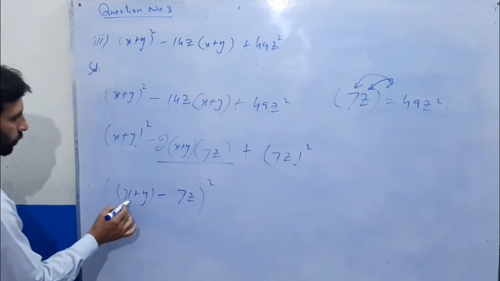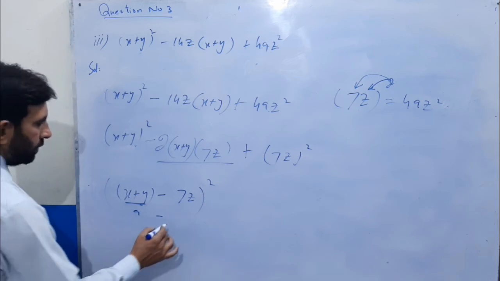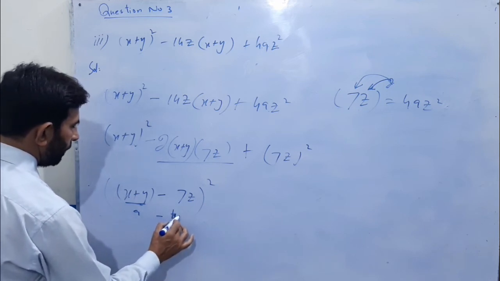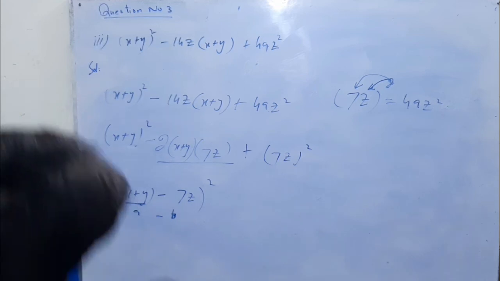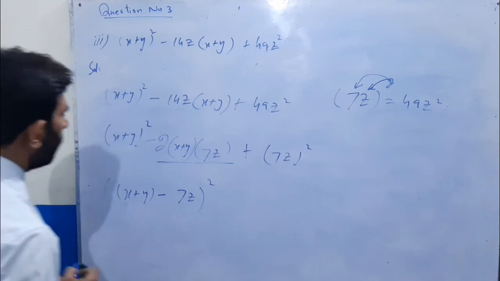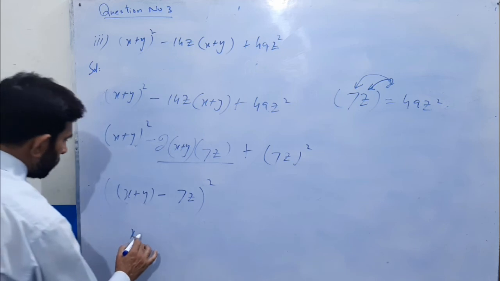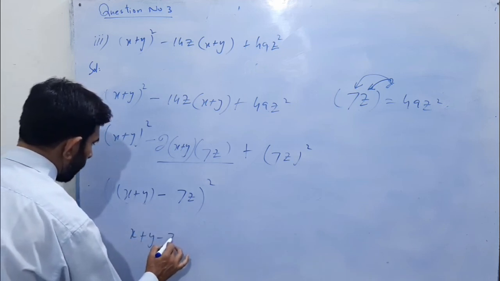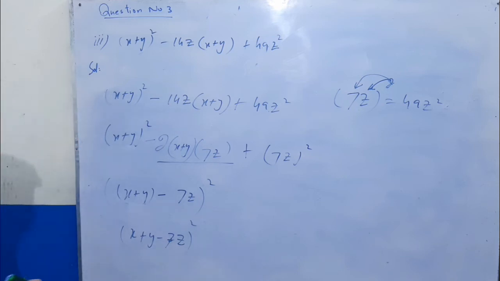X plus y is working for A, and 7z is working for B. So instead of A minus B whole square, you can write x plus y minus 7z whole square. Now remove the bracket because x and y cannot be solved. X plus y minus 7z whole square. This is the required factorization of the given question.